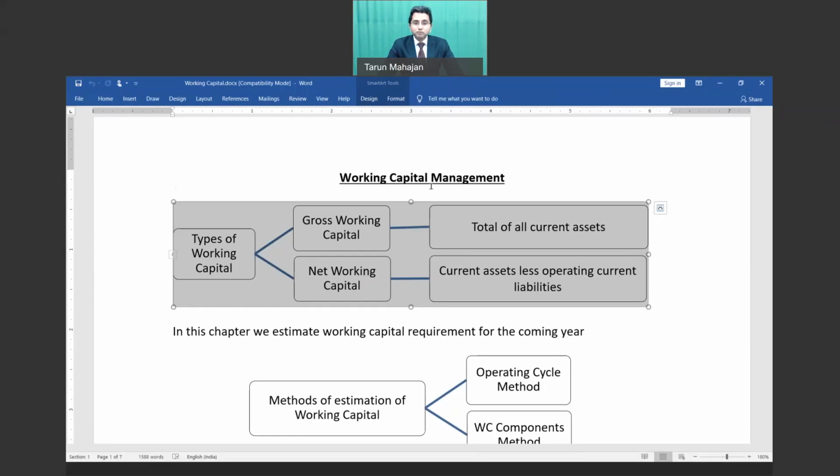You know, current liabilities may further be classified into two parts. One is operating current liability and the other one is financing current liability. Can you give example or can you define the two? What is operating current liability? And then what is financing current liability?